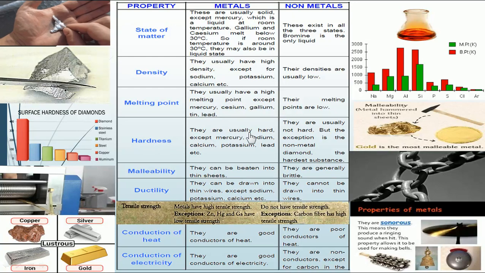Other metals are hard. What about non-metals? They are not usually hard, that means they are soft, but the exception is diamond. We know very well that diamond is a very hard substance, a very rigid substance. Diamond can cut diamond. It means the diamond is a very hard non-metal which is made up of purely carbon.